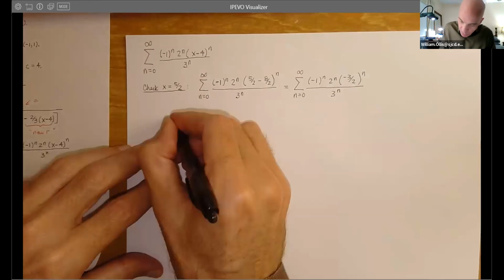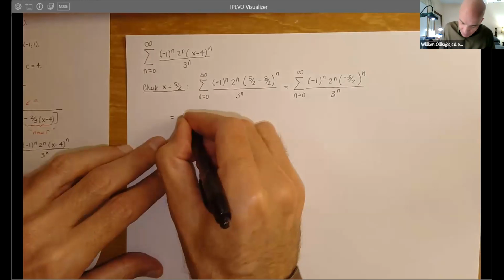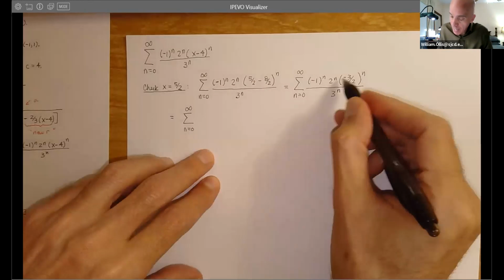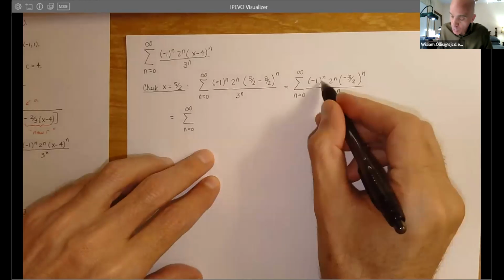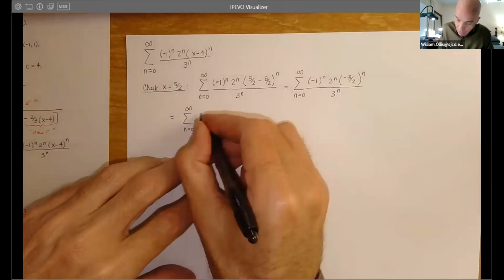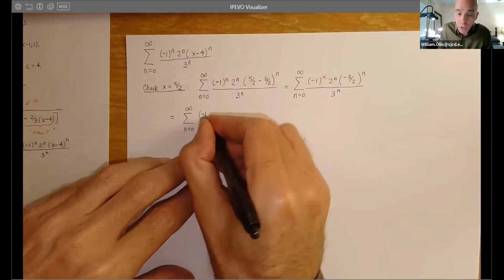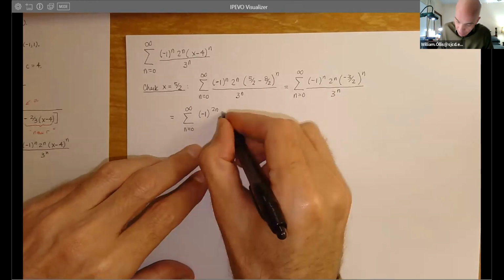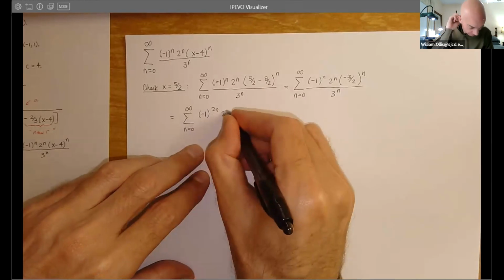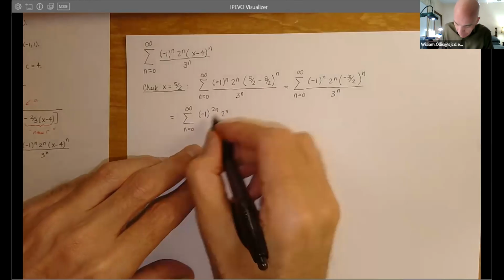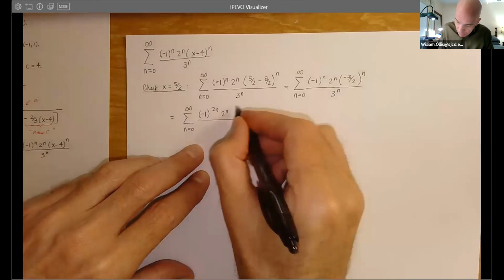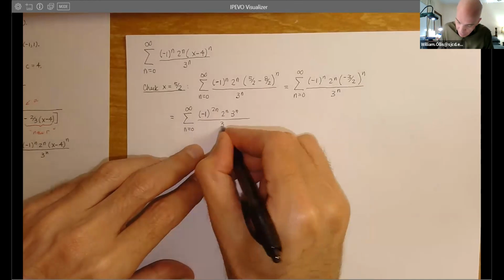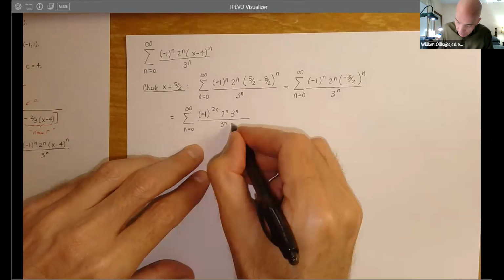So now let's continue to reduce. Looks like we're just doing busy work, but that's okay. Now notice we have the negative here, which can come over and join this. So we're going to have a (-1)^(2n), and then we have 2^n and 3^n, and then 3^n and 2^n again.